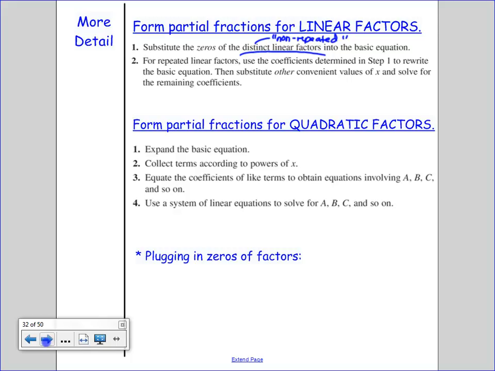But another shortcut for any time you have linear factors is to plug in the zeros after multiplying by the common denominator, but before solving the system, before setting up a system of equations.